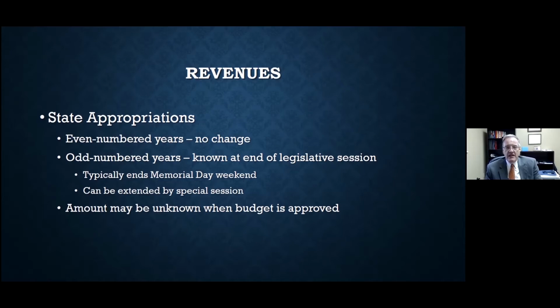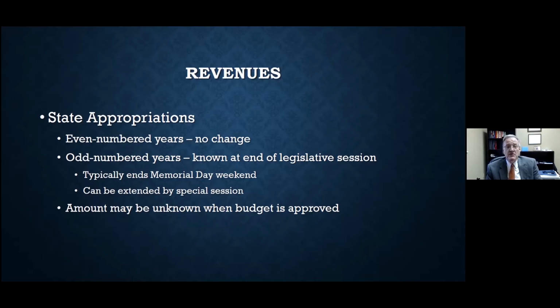However, on odd number years, like 2021 coming up, we're in the midst of a legislative session all during the spring semester while we're starting our budget. Typically, the legislative session will end around Memorial Day. So in most bienniums, we will know by the end of May what our appropriation is going to be for the upcoming fiscal year.